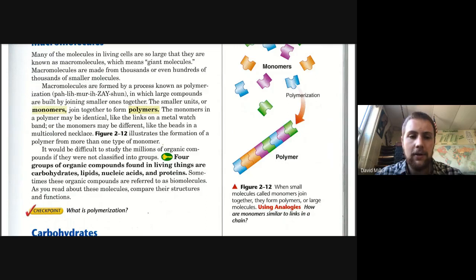The monomers in a polymer may be identical, like the links on a metal watch band, or the monomers may be different, like the beads in a multicolored necklace. Figure 2.12 illustrates the formation of a polymer from more than one type of monomer.